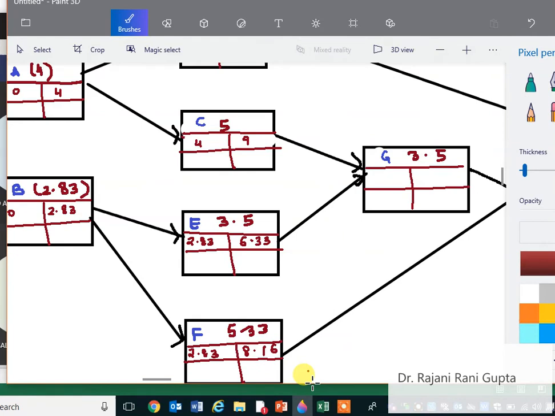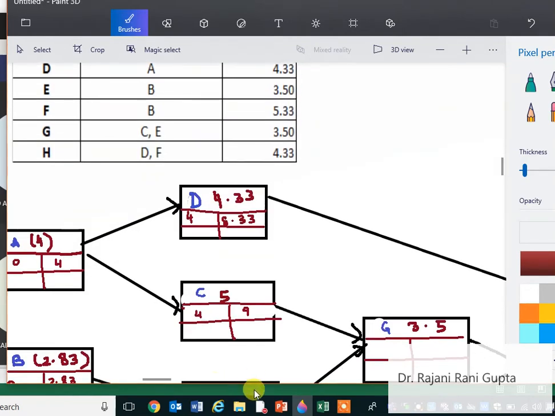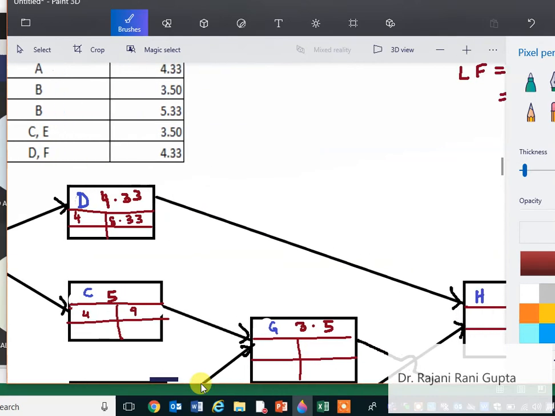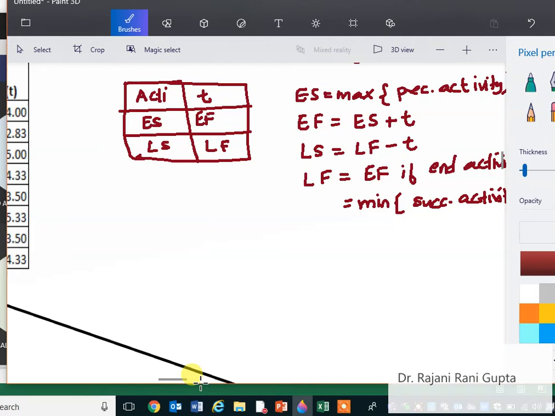Okay, now comes here. So now when we are calculating early start for G, G has two preceding activities, C and E. So in this case we have to follow this rule. When we have two preceding activities, the early start is the maximum of the early finish of the preceding activities.